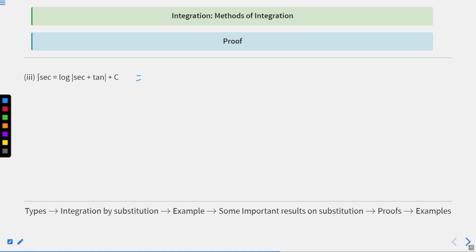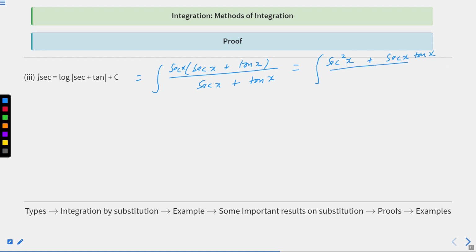What will you get? Multiplying and dividing by sec x plus tan x, you will get sec x multiplied with sec x plus tan x, divided by sec x plus tan x. That's it. You have to do this simple task. Now this will be sec square x plus sec x tan x divided by sec x plus tan x.